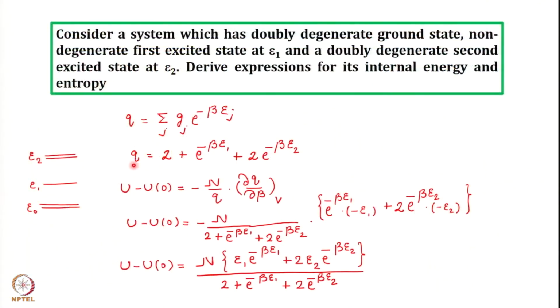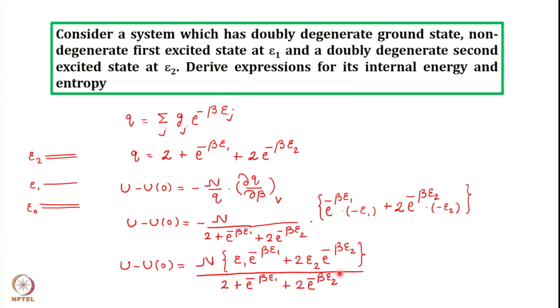Here we are taking N systems where the ground state is doubly degenerate, first excited state is non-degenerate, second excited state is doubly degenerate, the Q is getting modified, and as a result of this modification, your expressions for the internal energy are also getting modified. Therefore, the temperature dependence of internal energy is going to be this complex function. You can always talk about temperature approaching 0 and temperature approaching infinity as extreme cases.